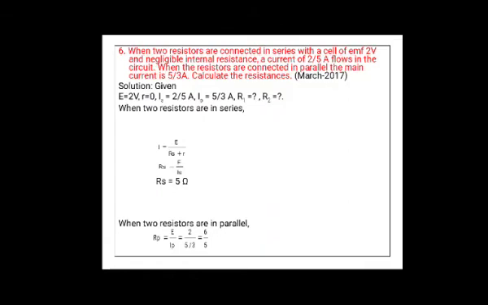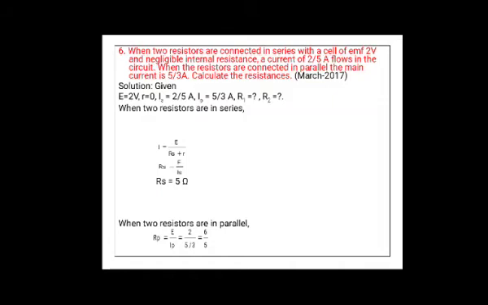Calculate the resistances. So here the given problem is, first two resistors are connected in series, then for series combination current is 2 by 5 ampere. When the same two resistors are connected in parallel, current becomes 5 by 3. You have to find out values of resistances.